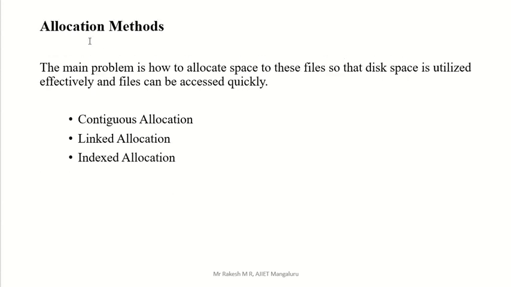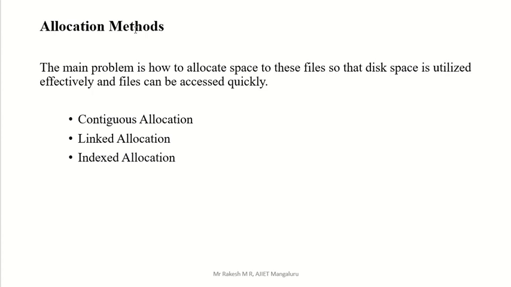We have another very important concept in your module 4, the file system module, that is allocation methods. How to allocate your file, that method. How to allocate space for the file is called the allocation method. In the secondary memory we have a lot of blocks.